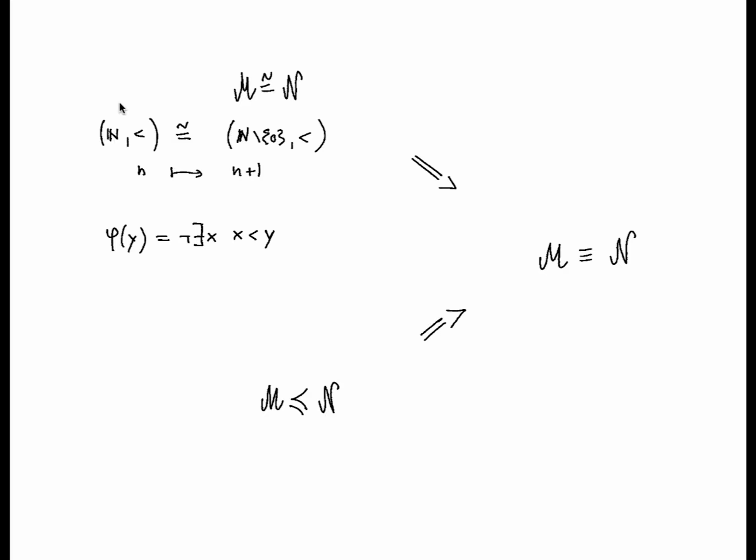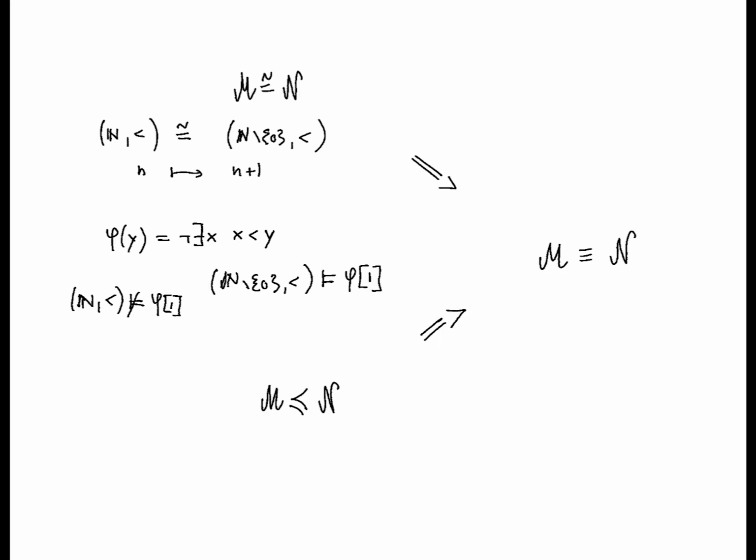Then if we put y equals 1, we see that the structure N without 0 with less than satisfies phi of 1. But the other structure, N with less than, does not satisfy this phi of 1.